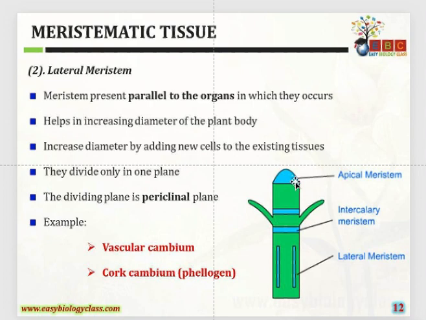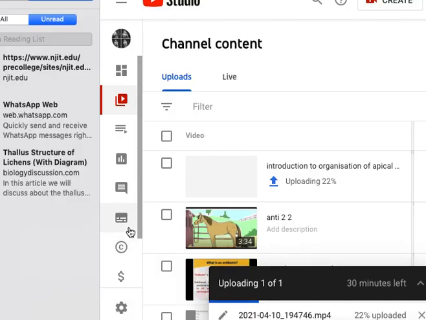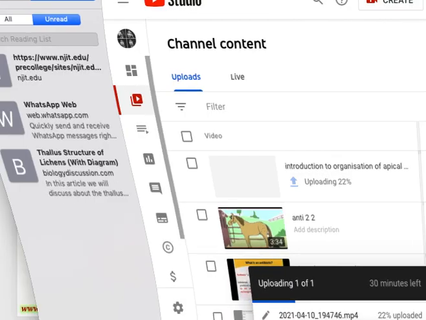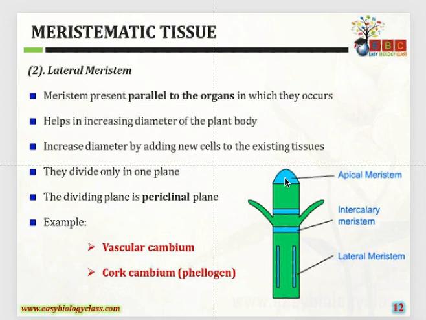And in this diagram, it is not showing, girls, but at the root tips also you find the apical meristem. But it is called the root apical meristem. So apical means tip. Always remember, apical meristems are found at the tips of the plant.